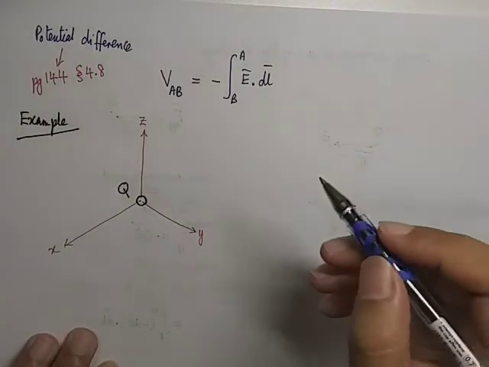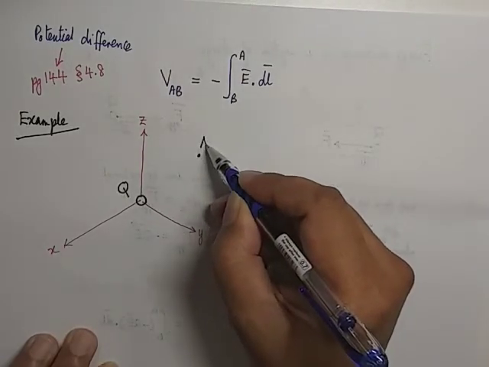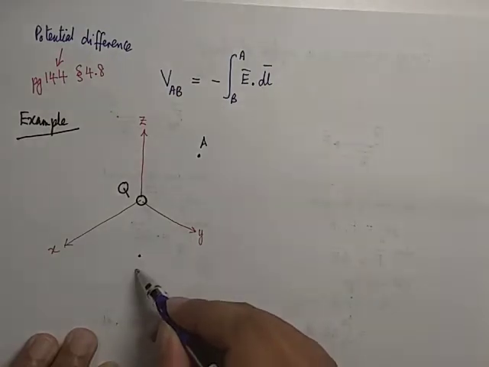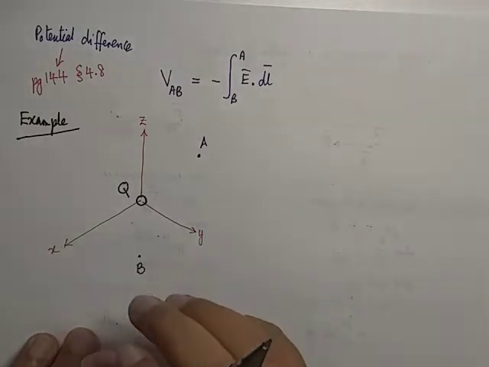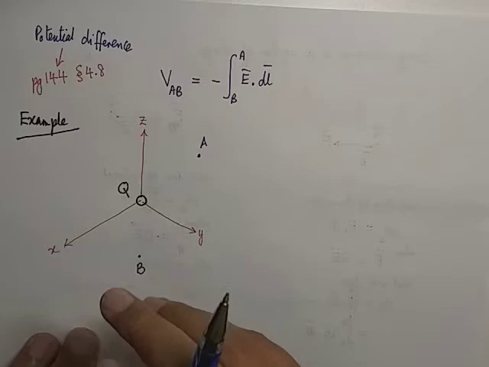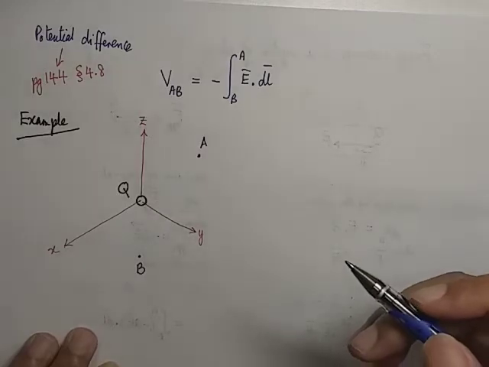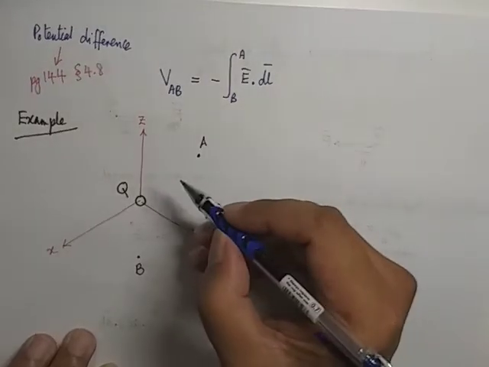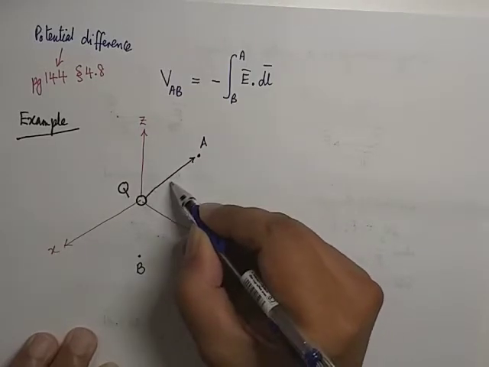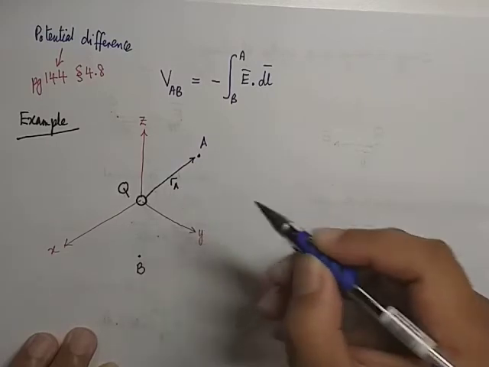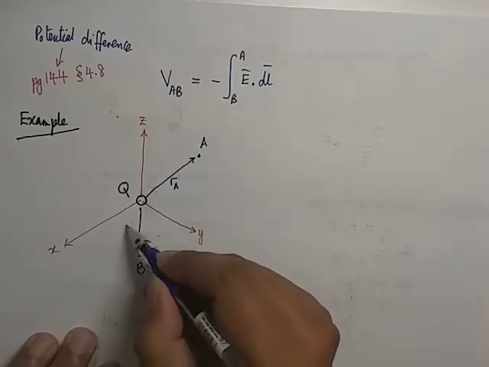One point I'm going to denote as point A, so this is my point A. Another point I'm going to give as point B. Since the field generated by this point charge obeys spherical coordinates, I'm going to use spherical coordinate parameters to define point A and point B. I'm going to define the radius of point A as RA, and the radius of point B as RB.